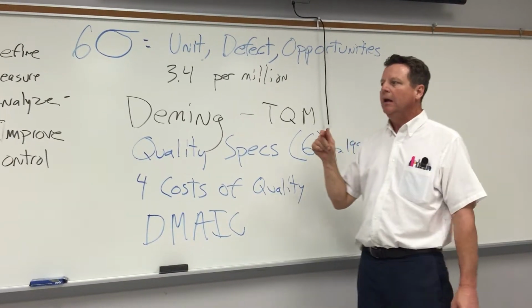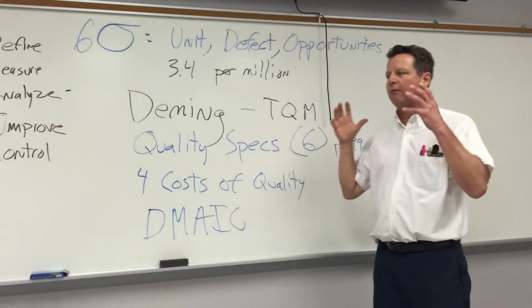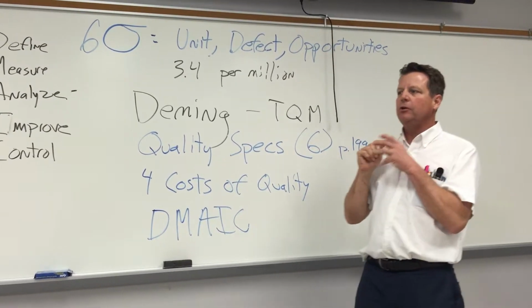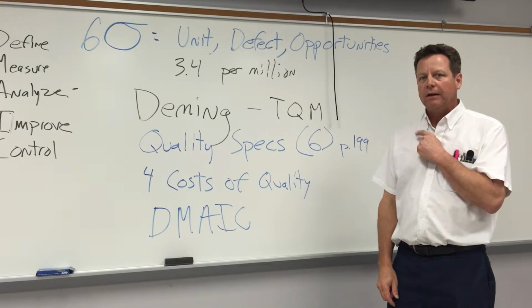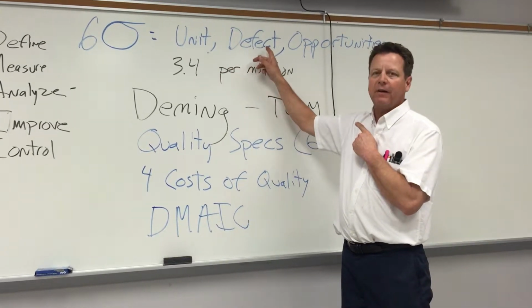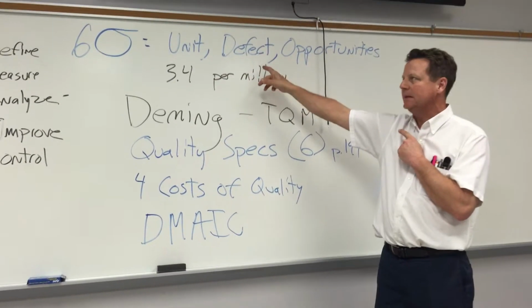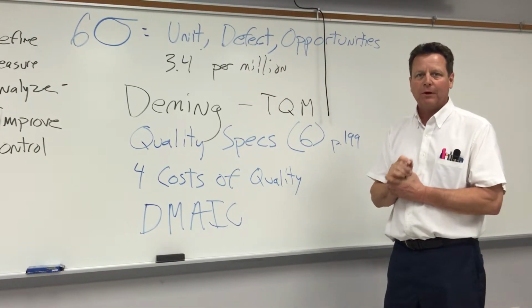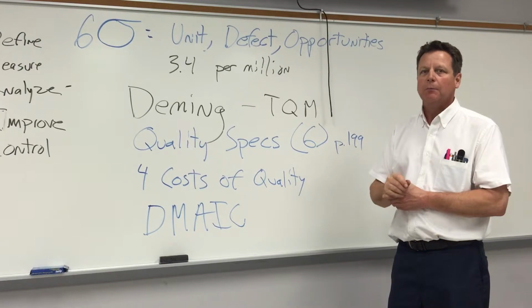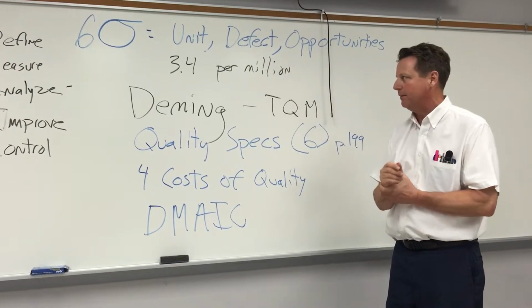So every time the part goes through this machine, if 1 million units go through this one machine and there are 3.4 defects coming out of that process, then this is in Six Sigma compliance. 3.4 defects per million opportunities to make a defect.